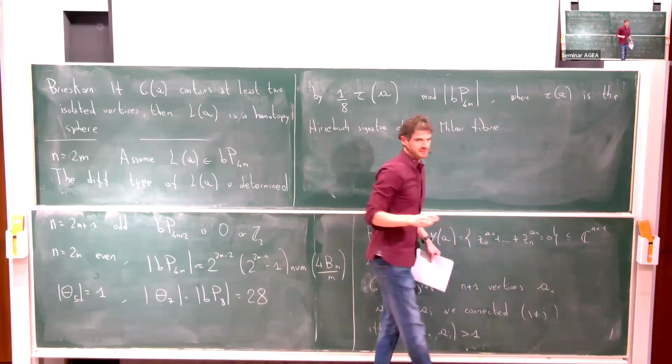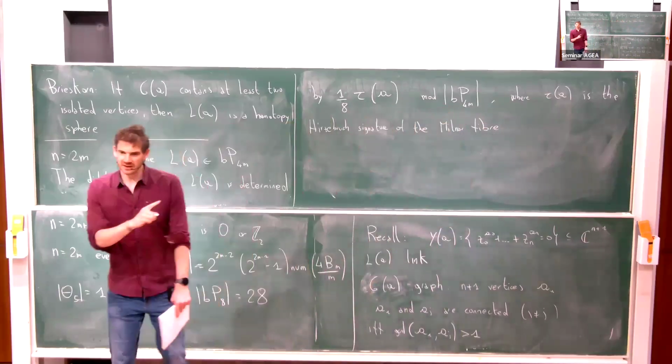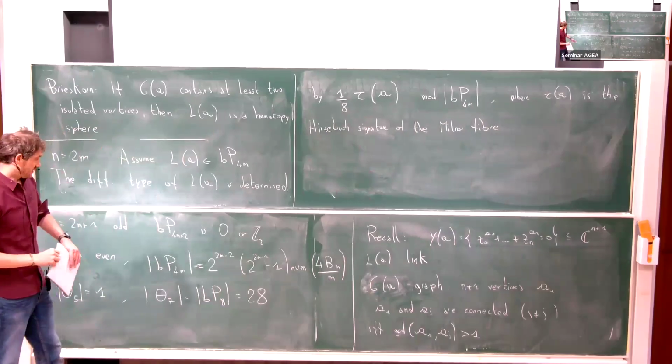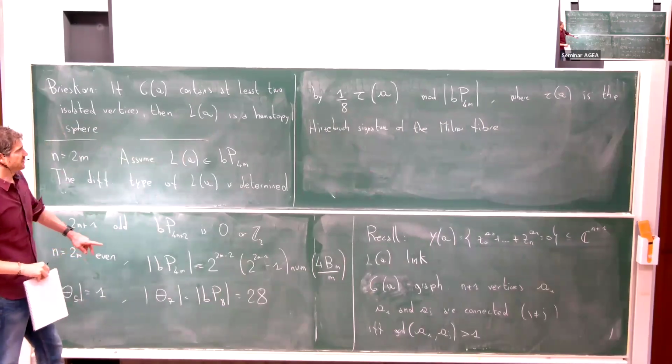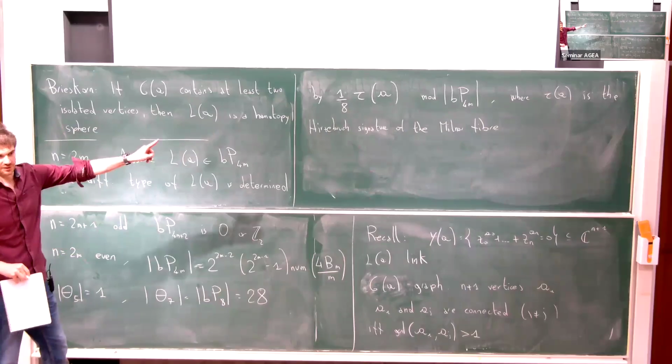Now, this wouldn't be much useful written like this, but the point is that these people, Brieskorn and the others, showed that there is actually a combinatorial formula for tau A.